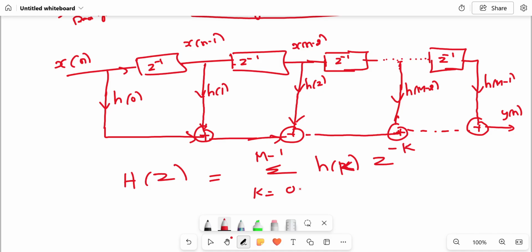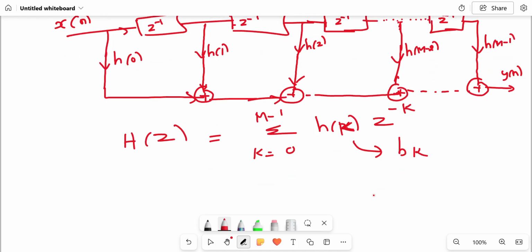So h of 0 and so on. In FIR these are the bk coefficients. Normally we write H of z is equal to the summation of k equal to 0 to M of bk into z minus k, the impulse response coefficients, so that we have studied already.